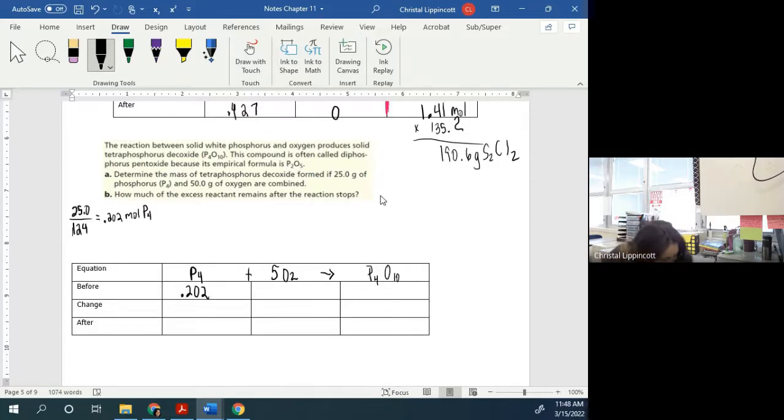My oxygen then, I'm going to take the 50 grams of the oxygen. So 50, divide that by 32.0, and that's going to give me my moles of O2. That's 1.56.